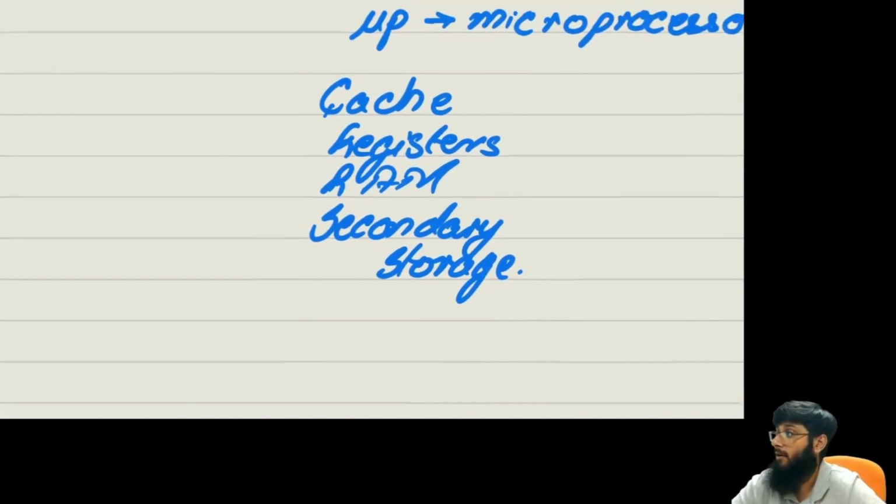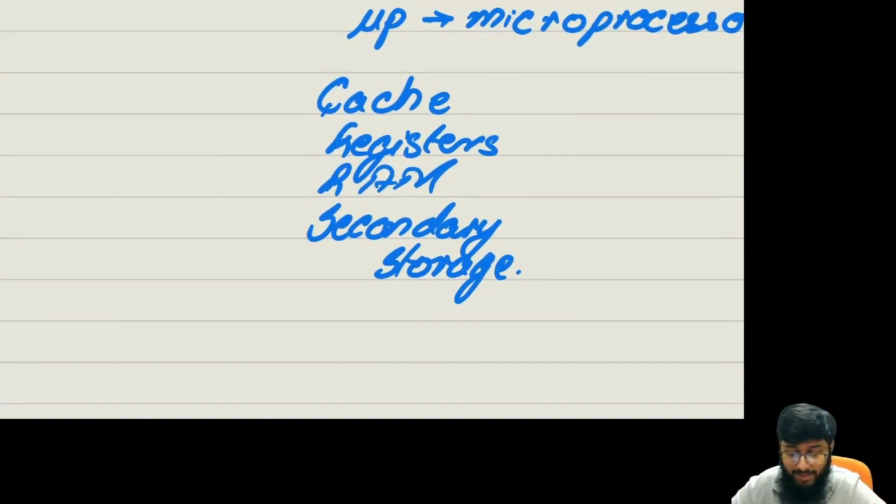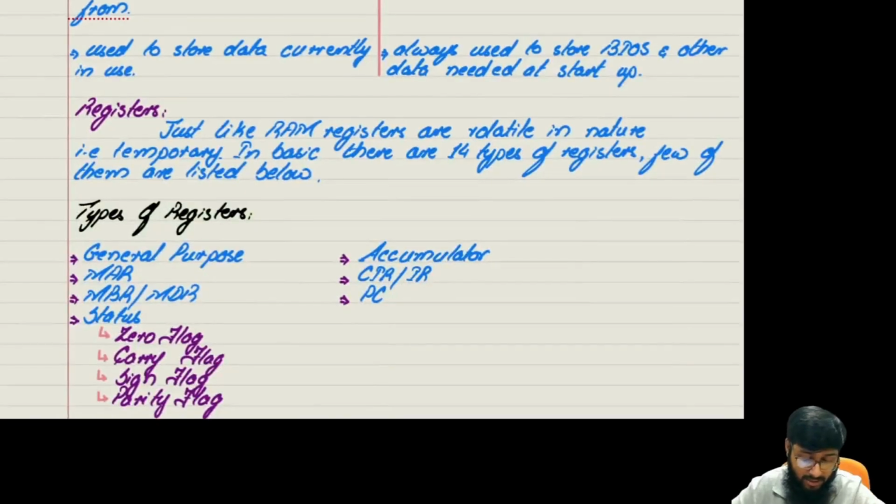So we do have it in this format. It's the cache first of all, that's nearest, then we do have registers. So now we will be discussing the registers.